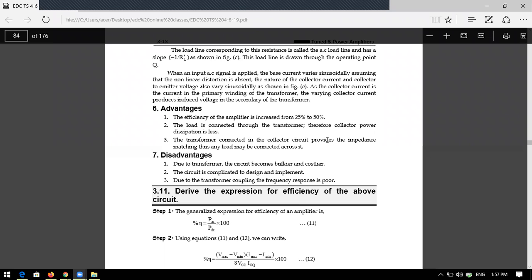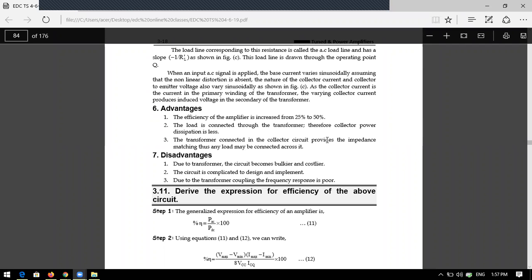So these are the advantages. Efficiency increases to 50%, you are getting lower power dissipation compared to the class A resistive load, and you are also providing the impedance matching network. There is no external impedance matching network required here.